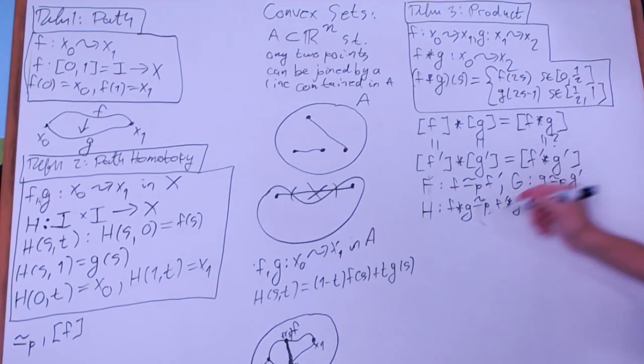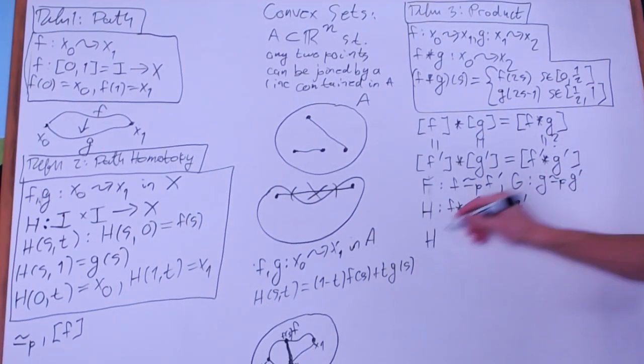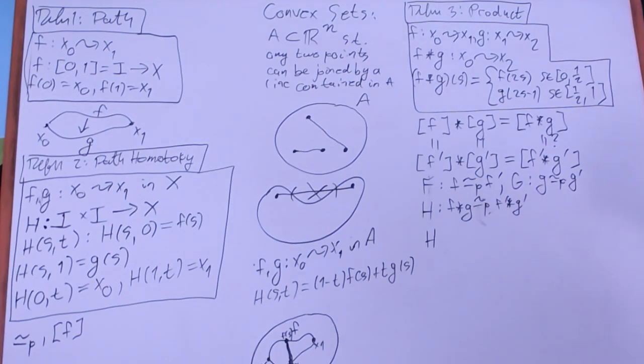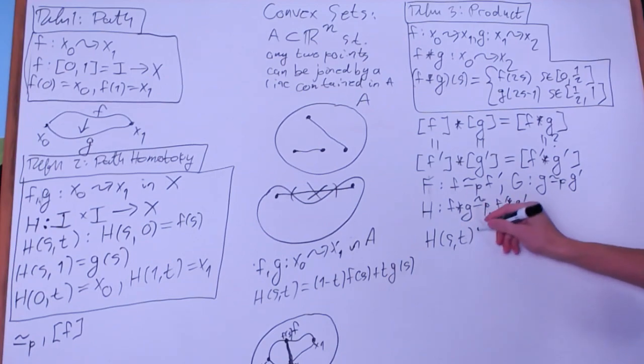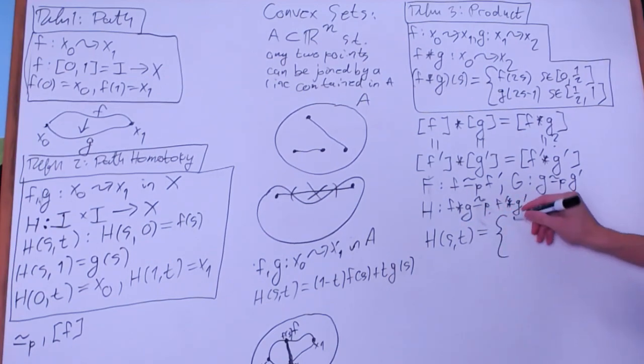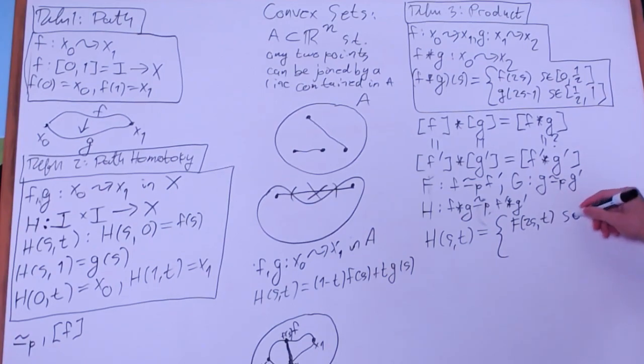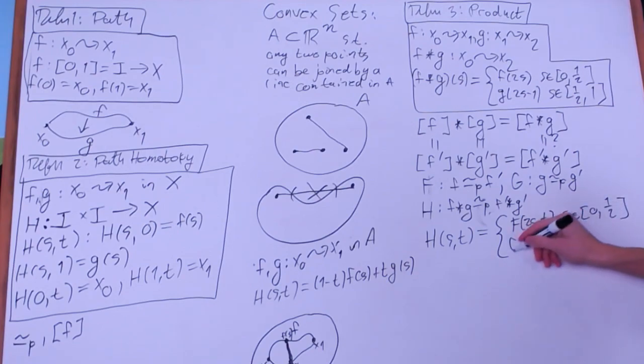And the way we define it is going to be very similar to the transitive homotopy again. H of s,t is going to be equal to F of 2s, t for s between 0 and a half, and G of 2s minus 1, t for s between 1/2 and 1.